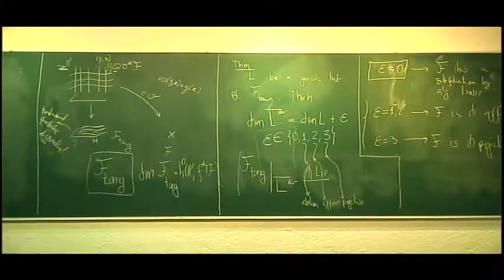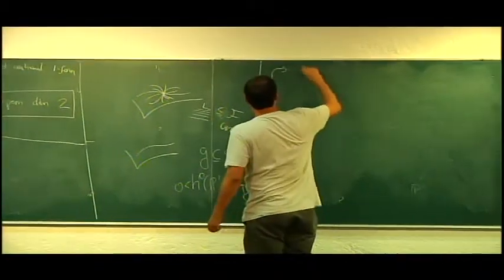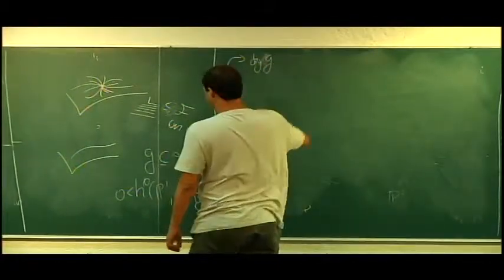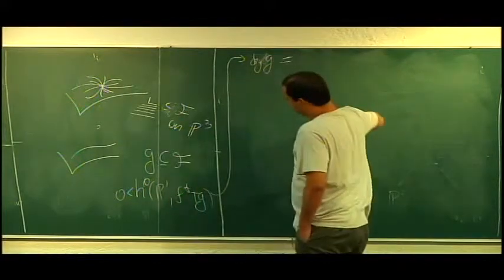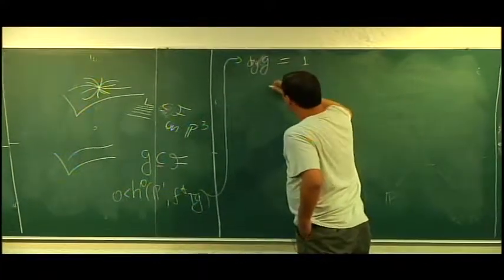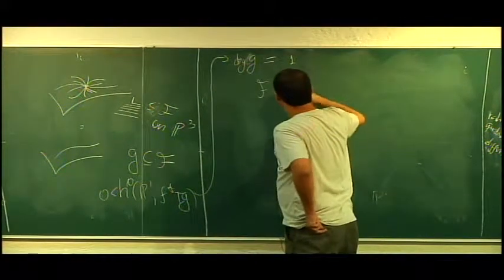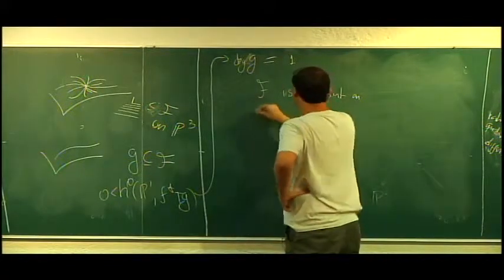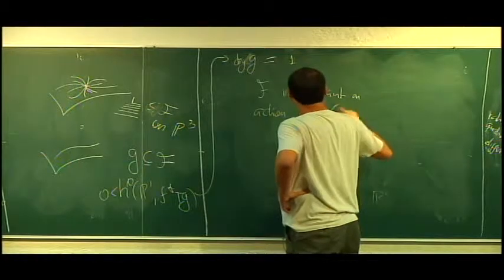This says that this foliation is positive, and they say that G, degree of G, so here let's say on P3, that degree of G is equal to 1. So it means that F is invariant by an action of C.